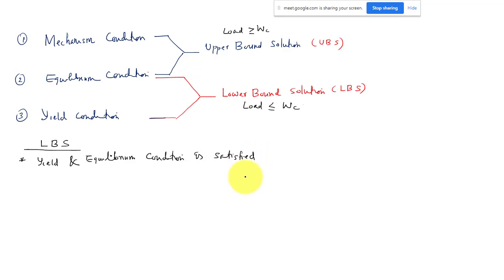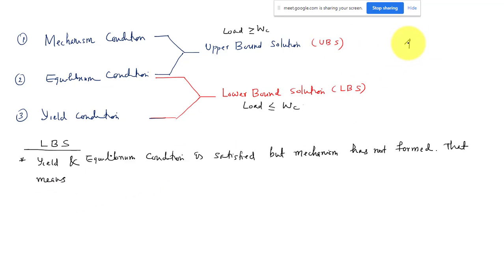In the lower bound solution, the yield and equilibrium conditions are satisfied, but the mechanism has not formed. So, I will give you one more example for the mechanism.